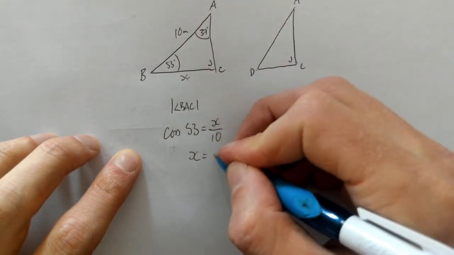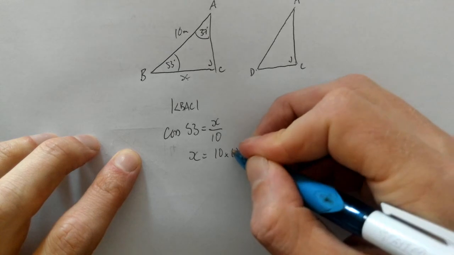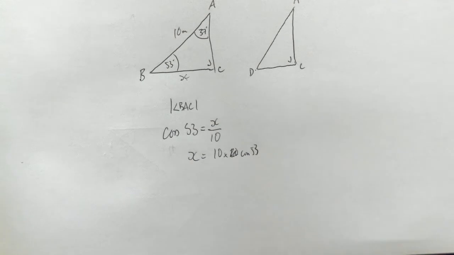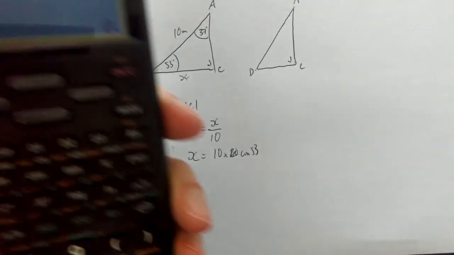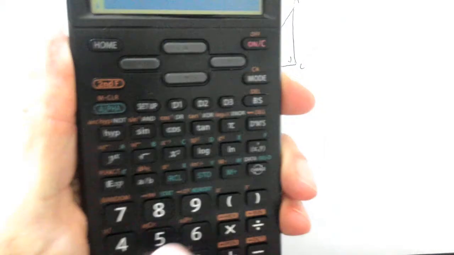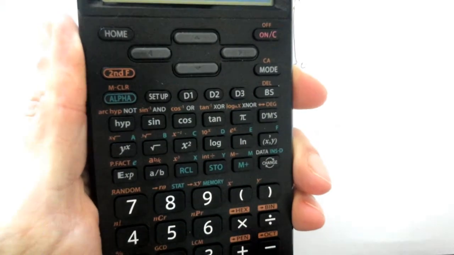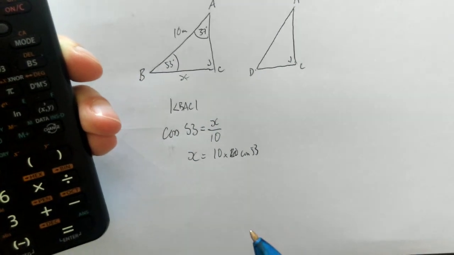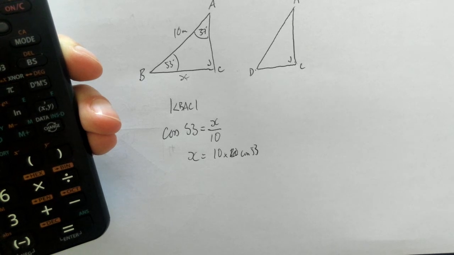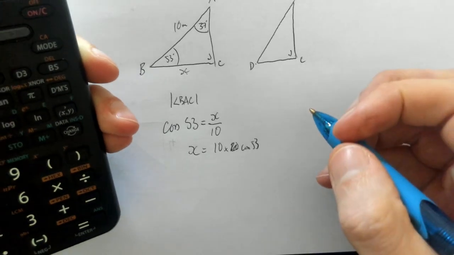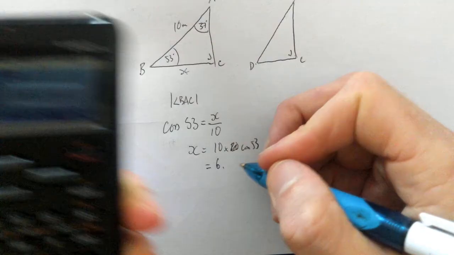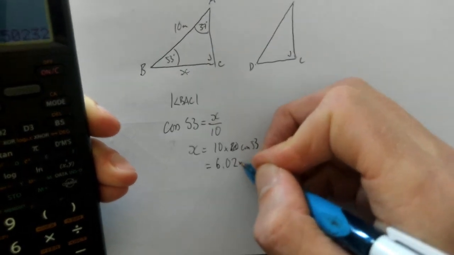So x is equal to 10 times cos 53. Multiply 10 to both sides. I just put the x on the left-hand side because it looks a bit easier. So 10 times cos 53 equals. It doesn't say how many decimal places, so I think it's good math practice to put 2 decimal places: 6.02 meters.